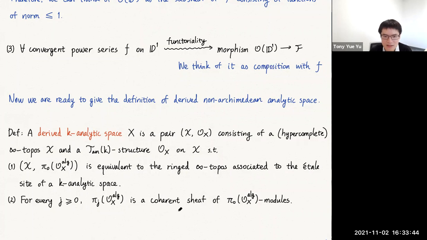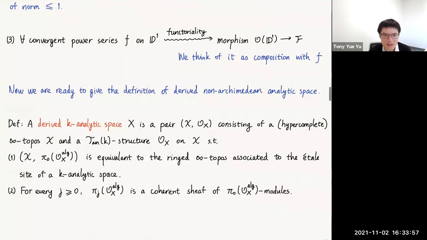But if you need some analytic space for other purposes, maybe it can be replaced also by quasi-coherent sheaf. Okay, so that's all. That's how the notion of derived non-Archimedean analytic space is defined.